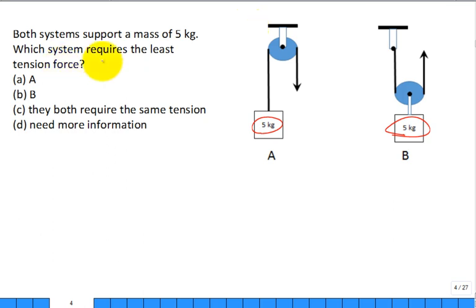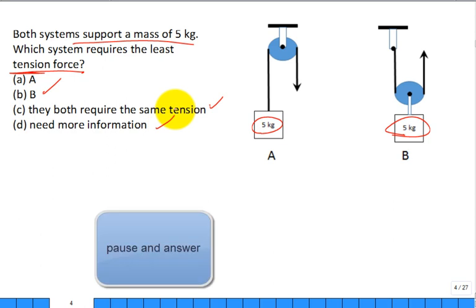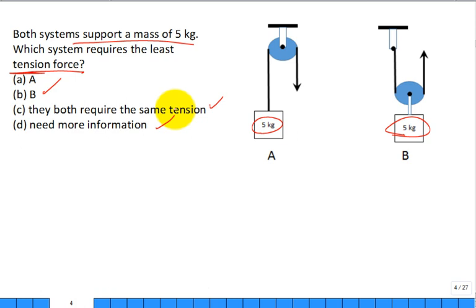Okay, which system requires the least tension force to support the mass of 5 kilograms? System A or B, or they both require the same tension, or you need more information? How many people with a pen and a piece of paper in front of them actually did some doodling?